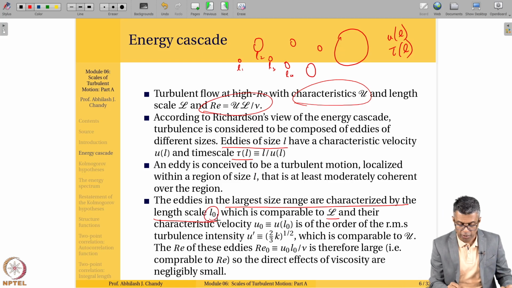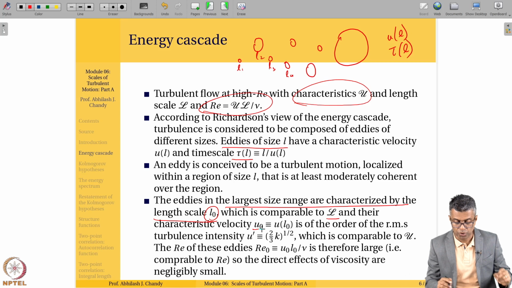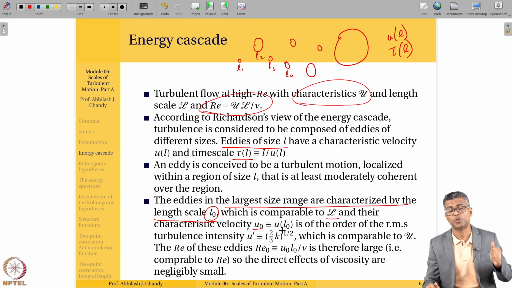So correspondingly, you will have a U0 associated with the velocity of the largest eddy, and that U0 is a function of L0. That is your largest velocity scale. And just like L0 is of the order of this fancy L here, U0 would be of the order of the square root of turbulent kinetic energy.